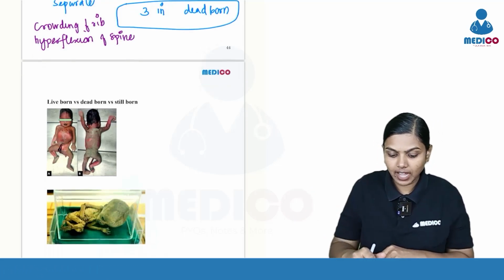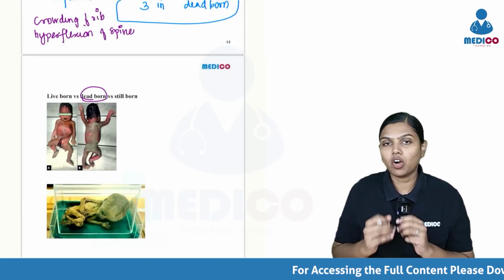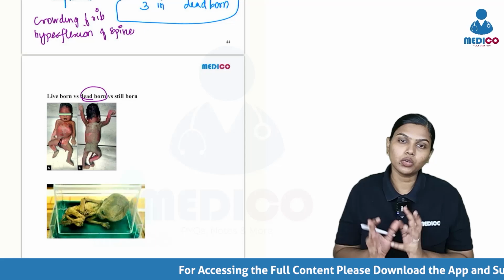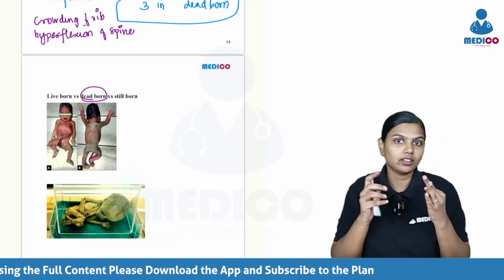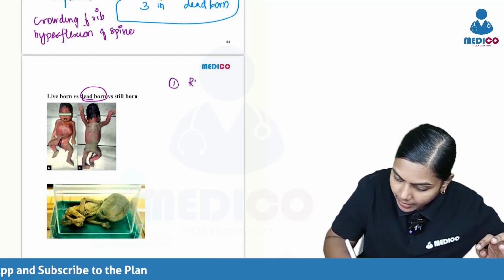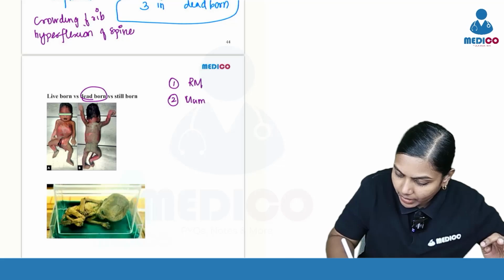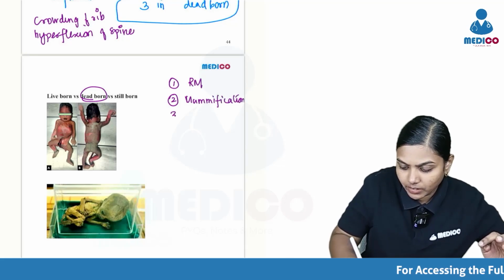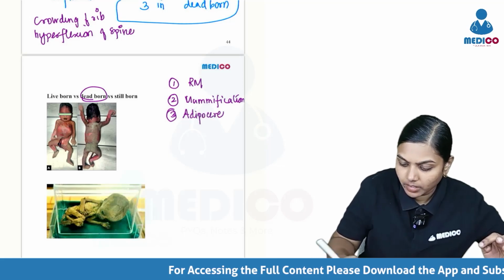So first we are starting with the deadborn. To call a baby a deadborn, there has to be at least one of these: first is rigor mortis, second is mummification, and third is adipocere. Clear?